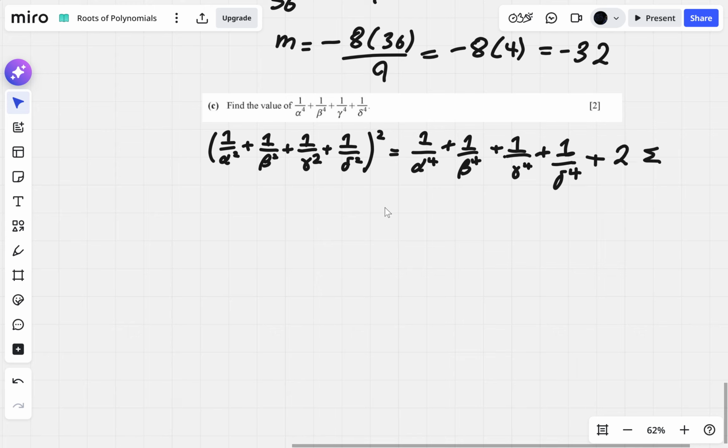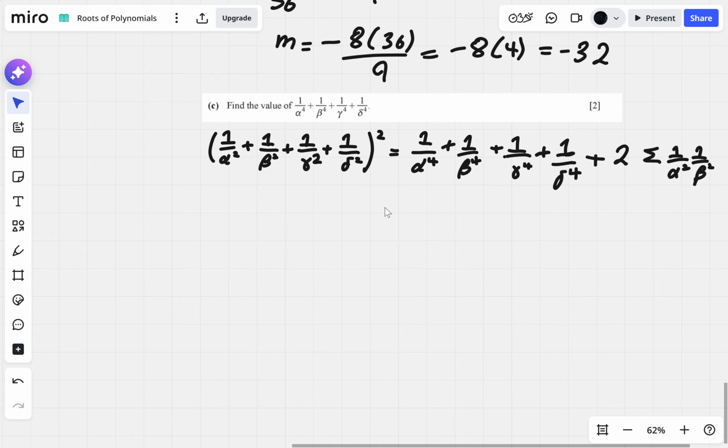and then the sum of the pairs of groups. Sorry, this was going to be 1 over alpha squared, 1 over beta squared. These are the pair of roots for the equation we found in part A. So now what we can do is 1 over alpha squared, 1 over beta squared.